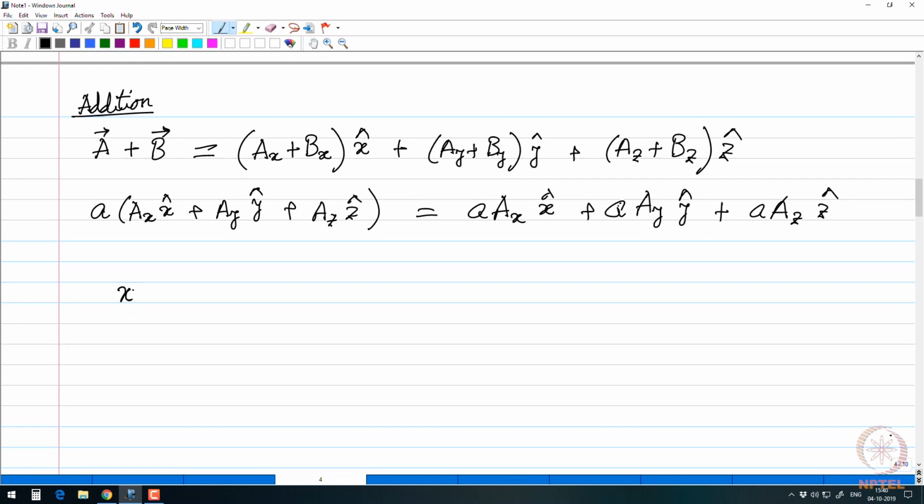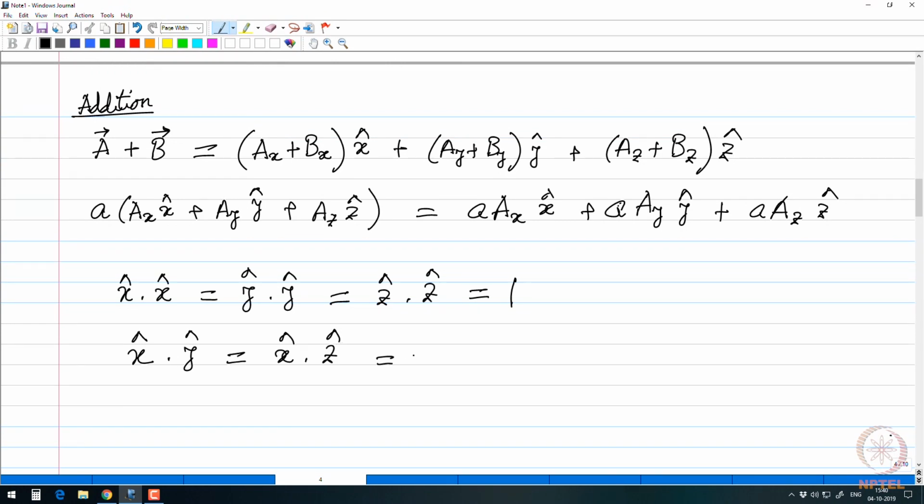Therefore, we have x cap dot x cap equals y cap dot y cap equals z cap dot z cap is 1, and if we take the dot product of two different unit vectors, that is x cap dot y cap equals x cap dot z cap equals y cap dot z cap, that always becomes 0.